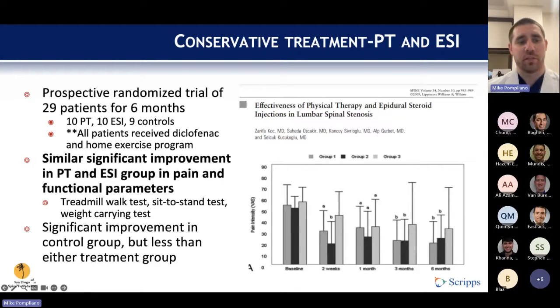They did, however, find similar significant improvement in the physical therapy as well as the epidural steroid injection group in both pain and functional parameters. Their parameters were treadmill walk tests, sit to stand, and weight carrying test. They also found significant improvement in the control group, but less than either treatment group. So therapy and epidurals had overall better improvement than the control alone.